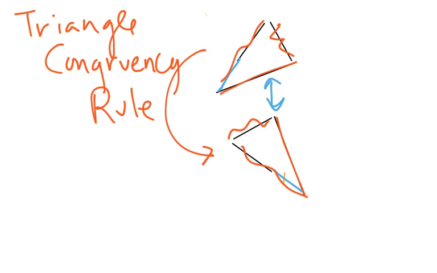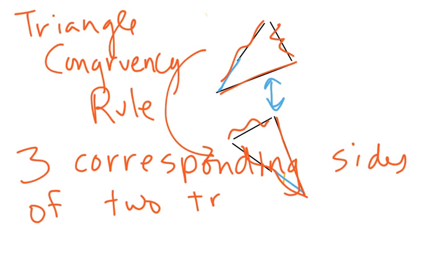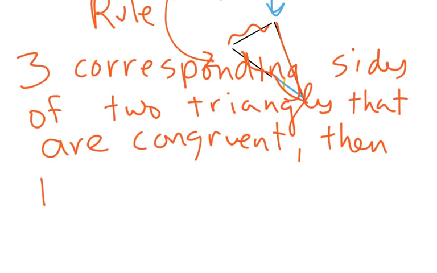Okay, that tells us that if we have three corresponding sides, remember corresponding was the same side, of two triangles that are congruent, then the triangles are going to be congruent.